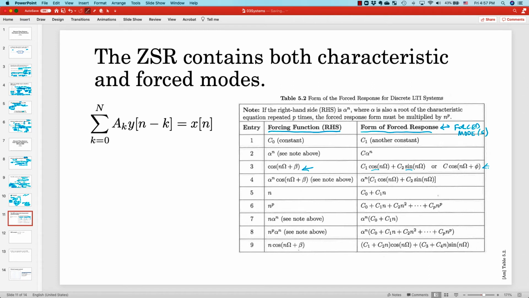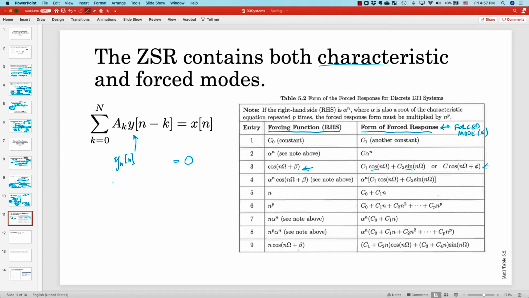Okay, so this mirrors what you learned in continuous time differential equations. And the reason, I think it's nice to point this out again, is that the reason that we have to consider characteristic modes in the ZSR is because we know that anything that belonged to the homogeneous solution, y_h of n, is such that if I plug it into here, I get 0.